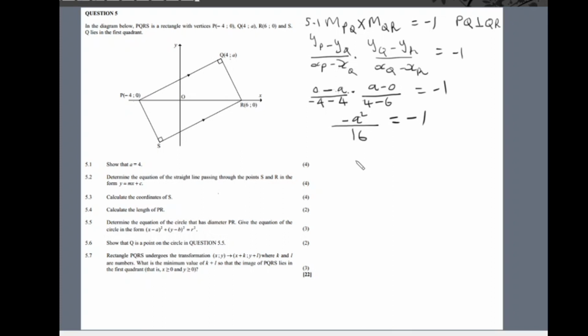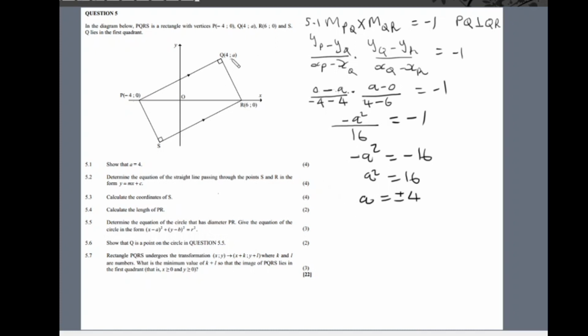And then now we can solve for A. We're gonna have A squared is equal to 16, and then A is equal to plus or minus the square root of 16, which is 4. A is equal to plus or minus 4.